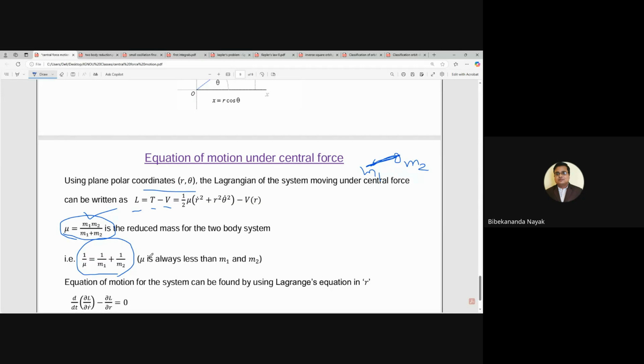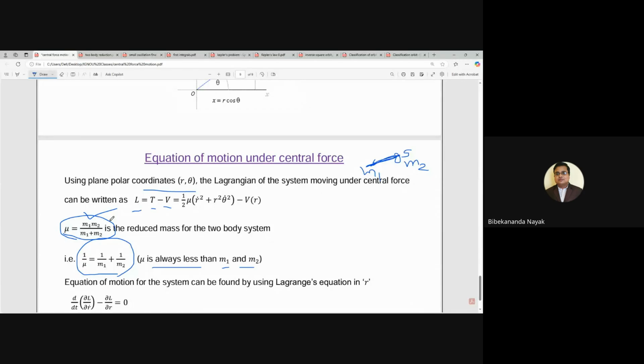Reduced mass term, when we discuss two body motions, actually we use reduced mass. And that reduced mass formula is 1 by mu is equal to 1 by m1 plus 1 by m2. And mu is always less than both m1 and m2. Okay? So suppose here m2 is the mass of the sun. m2 is much larger than m1.